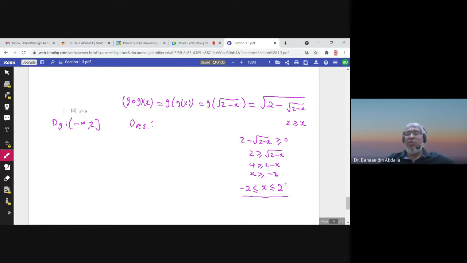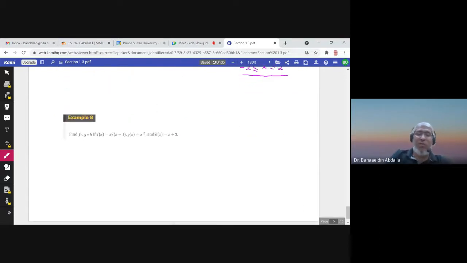So x is between negative 2 and 2. So the domain of the result is from negative 2 to 2. Now, what is the intersection between these two? It is from negative 2 to 2, and this would be the domain of G circle G.